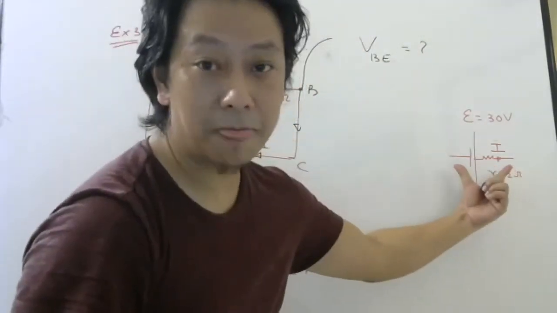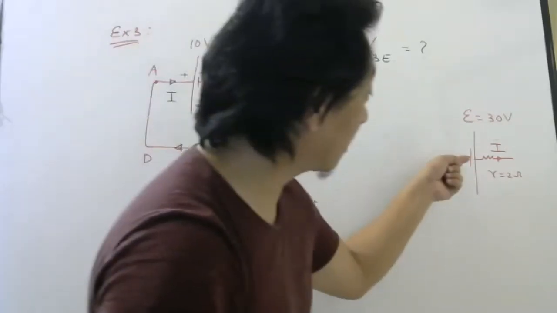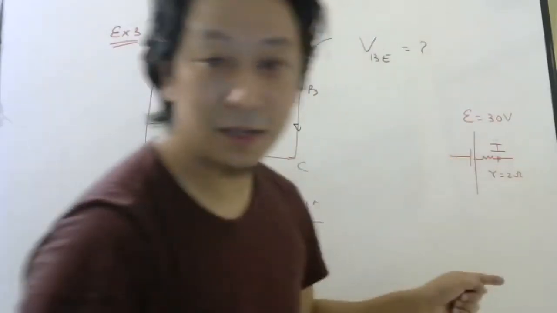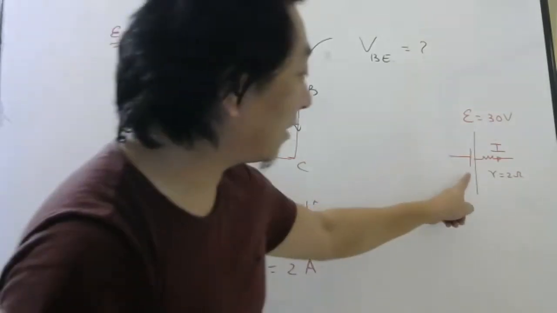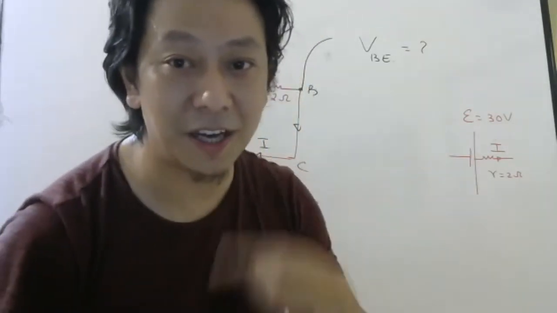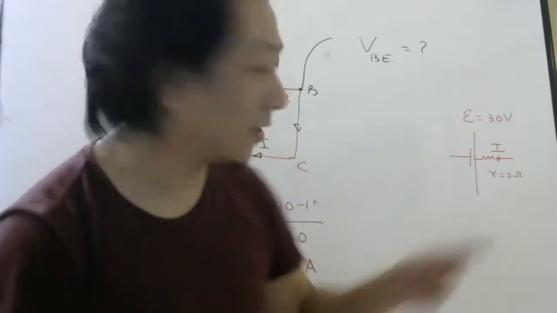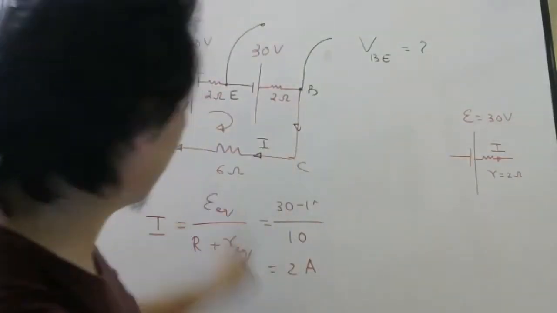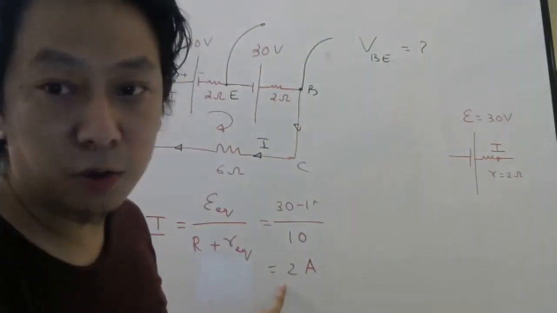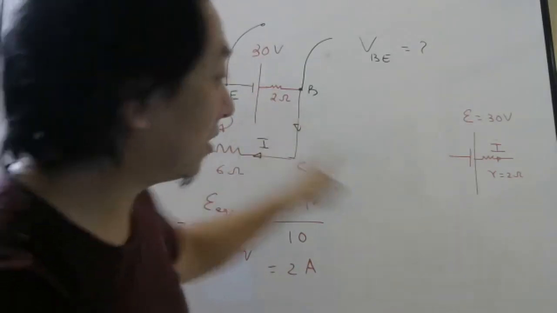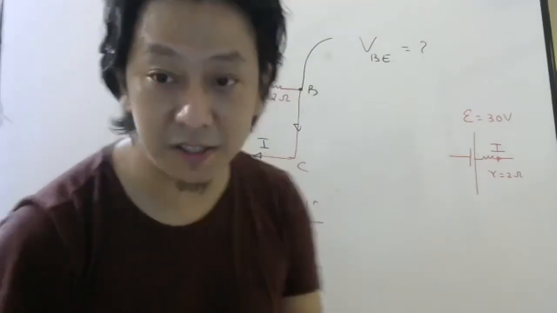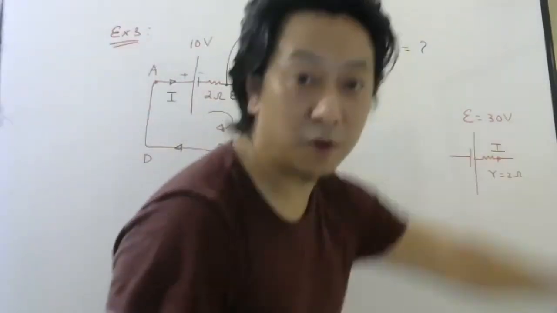Terminal voltage. And since current is coming out, is this battery getting discharged or is it getting charged? Current is coming like this, remember. We have already found current 2 ampere is going like this. So this battery is getting charged or discharged? Discharged, because it is sending current from positive terminal.